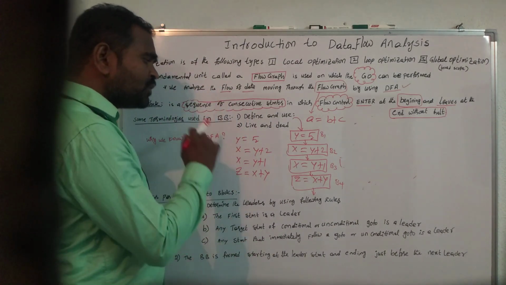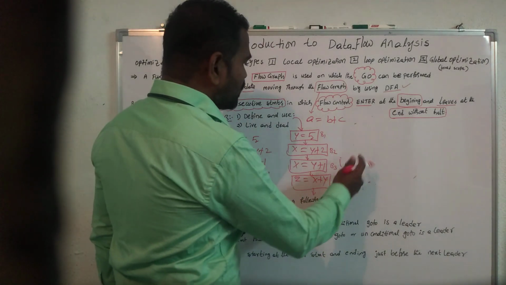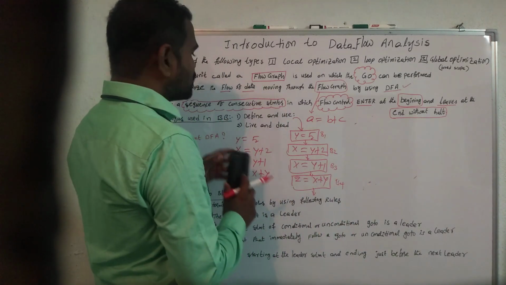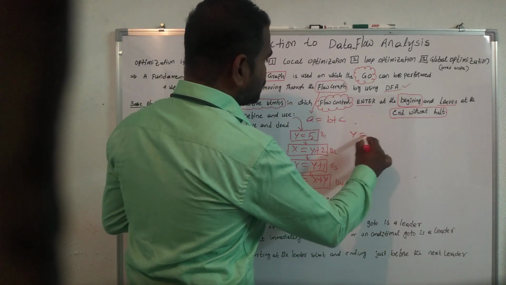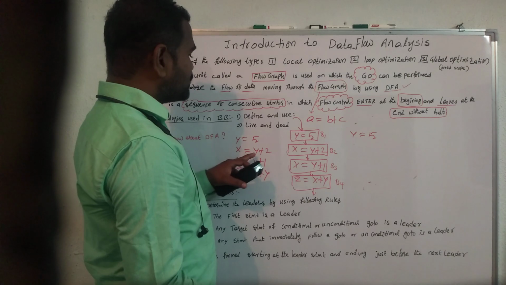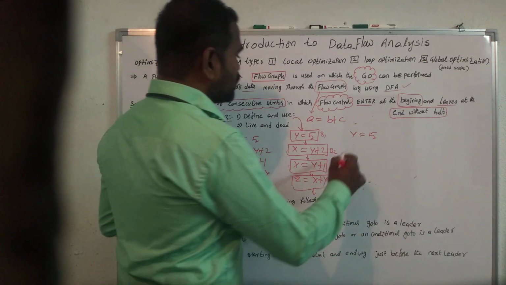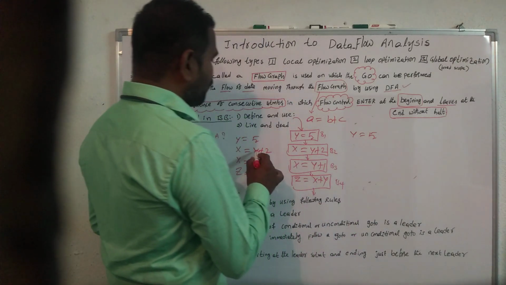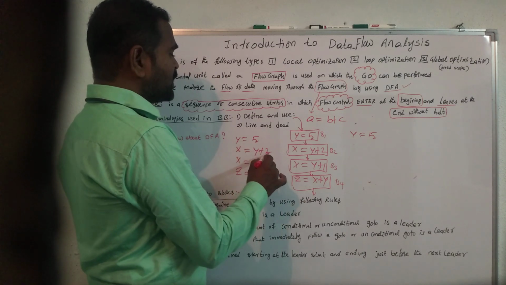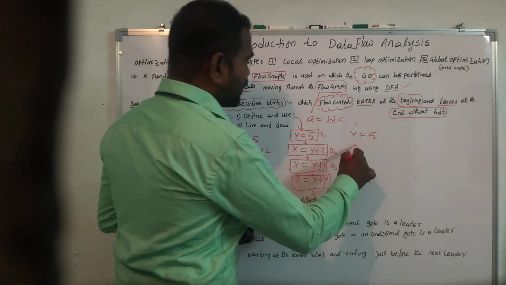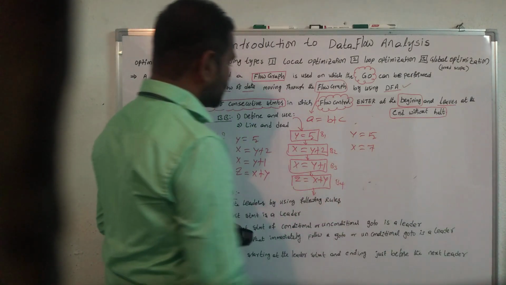Suppose in data flow analysis, x is equal to 5, and then x is equal to y plus 2, so the y value is 5 plus 2. The total x value is 7 in the second statement.